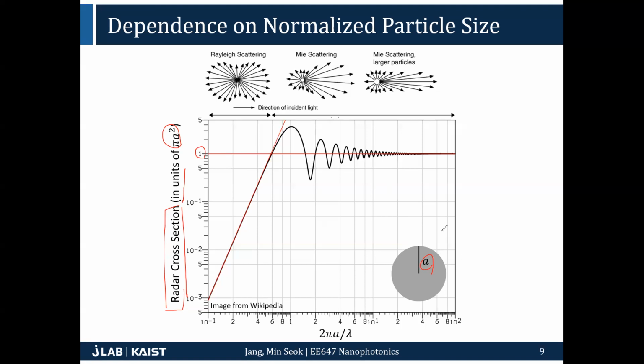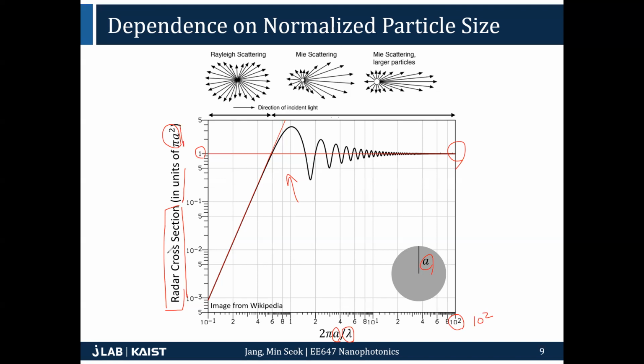particle. And if you draw this for a typical particle, the x-axis is the size of the particle as a function of lambda. Lambda is wavelength, right? And if you look at the large particle limit here, 10 to the 2, so your particle is much, much larger than lambda, then your radar cross-section approaches your physical cross-section.